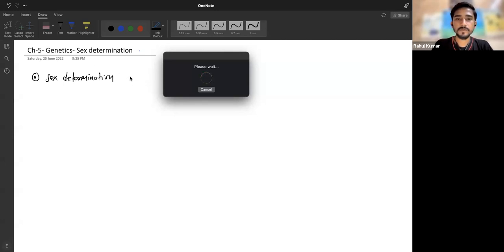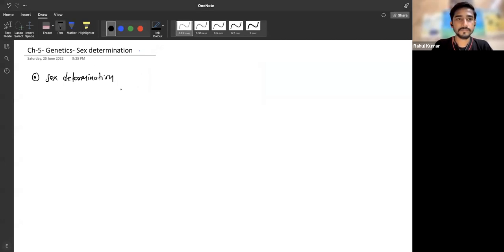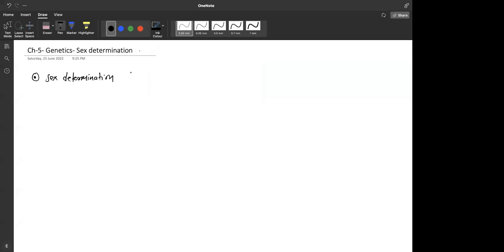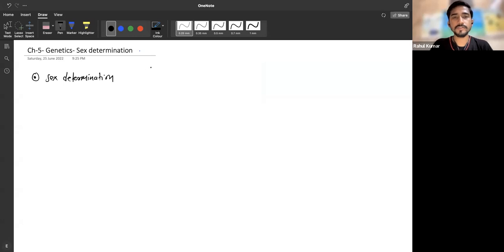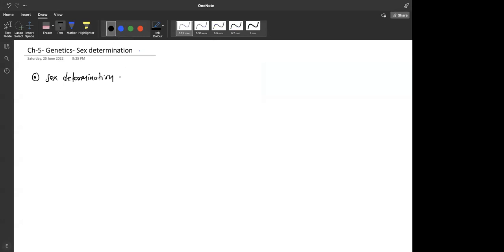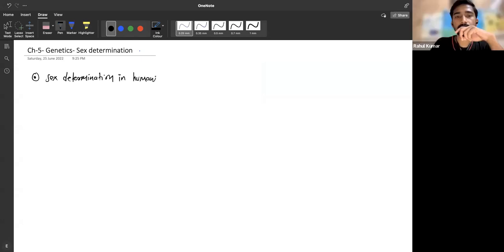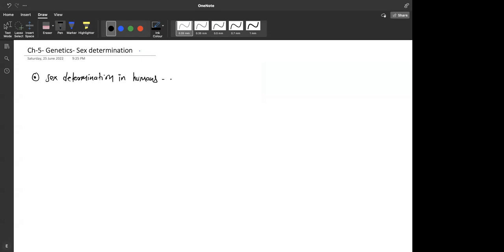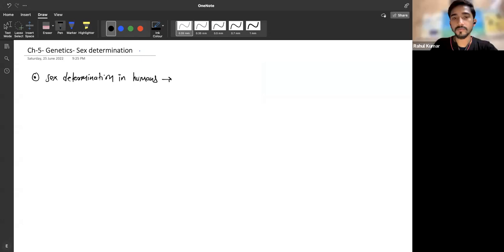Is the screen still visible to all of you? Yes, sir. So sex determination in humans. Tell me, what do you know about it? Reem, we have discussed this in chapter 3. It determines the sex of the offspring. Yeah, but how is it done in humans? By chromosomes. Yes, it is genetic, in chromosomes. And what are the sex chromosomes in humans?